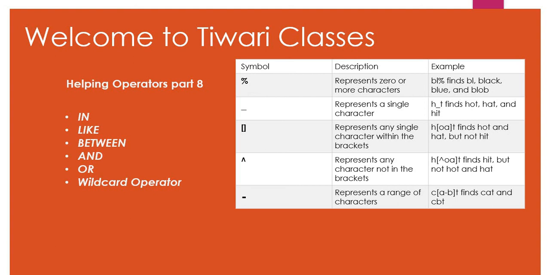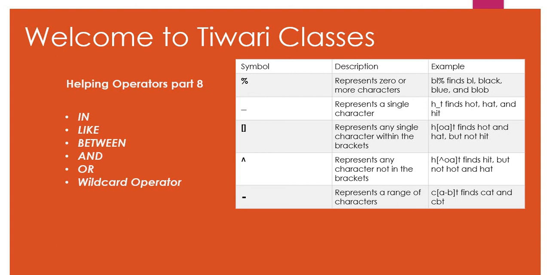Next you have bracket. Whatever characters you write inside the bracket, if any one matches, that will return the record. Another you have NOT, which is like a not operator. If it is false, then only it returns the record.